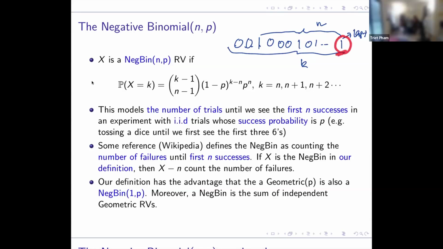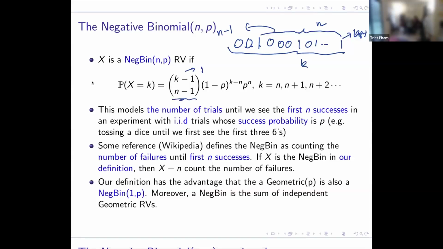So that's fixed. However, before the last one, the remaining n minus 1 successes can be anywhere among the k minus 1 trials.